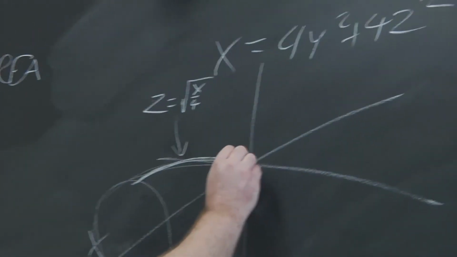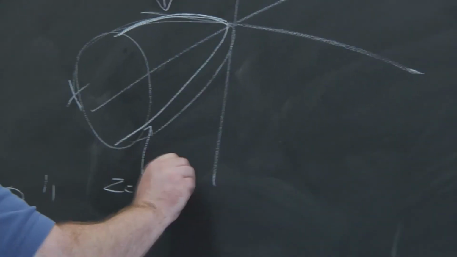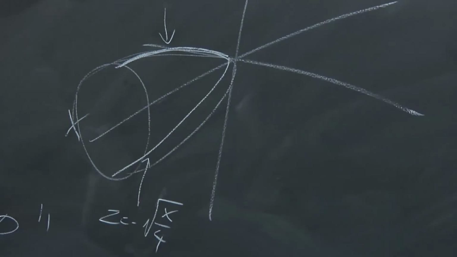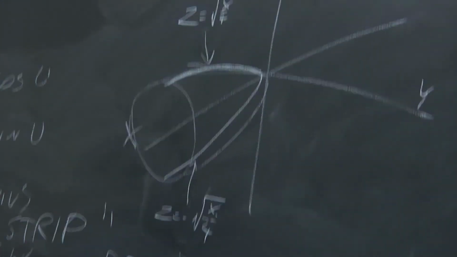And this curve down below is the curve z equal to minus the square root of x over 4, because in both cases y is equal to 0. So you can figure out what these curves are from looking at the original equation.